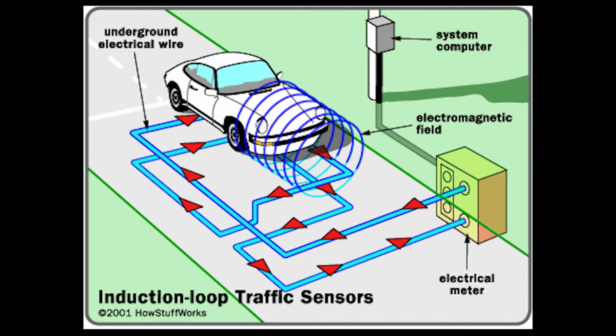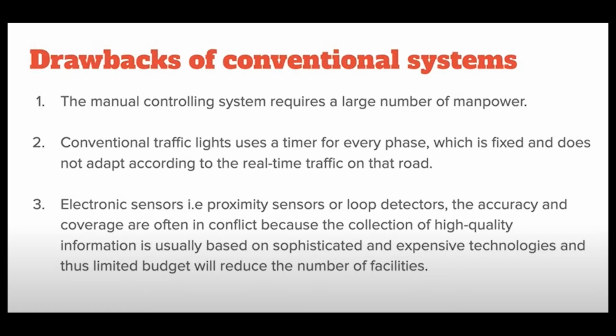In this method, loop detectors or proximity sensors are placed on the road, and these sensors give data about the traffic on the road, and according to the data the traffic signal is controlled. But there are some drawbacks of these conventional systems. The manual controlling system requires a large amount of manpower.